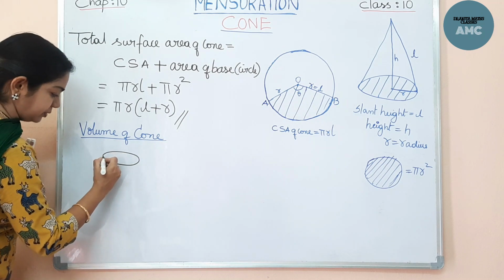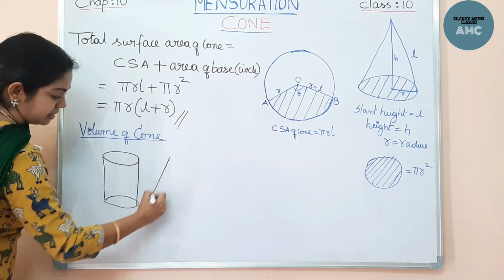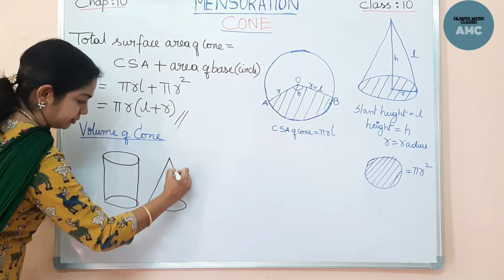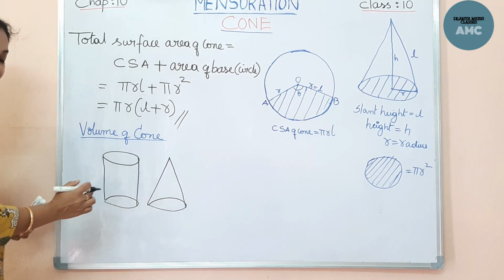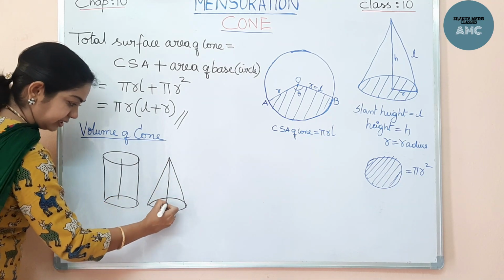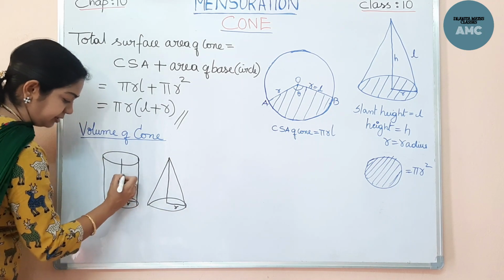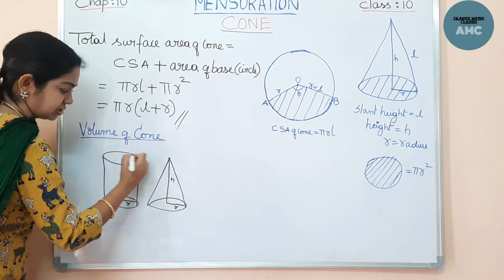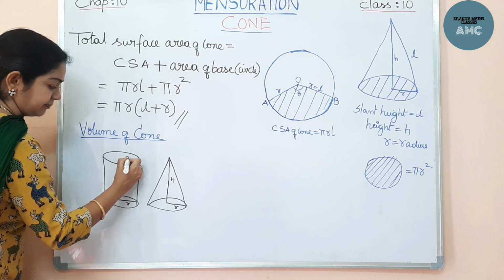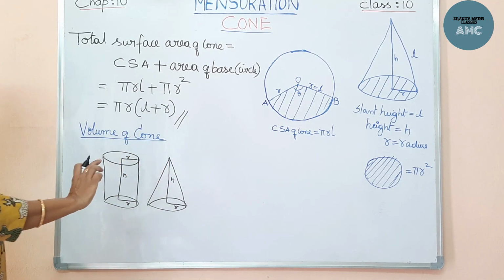We'll compare it with the cylinder here. This is the cylinder and the cone. They have the same vertical height and the same radii. The h of both is the same, the vertical height h and the height of the cone.